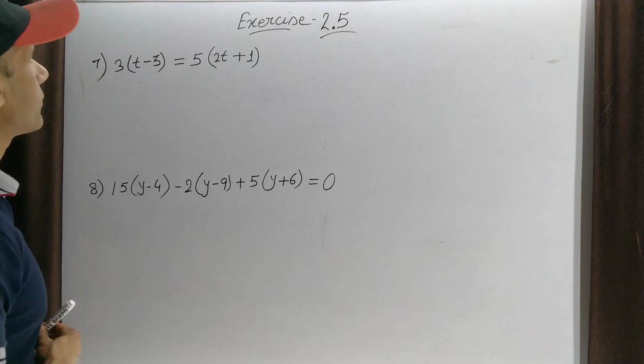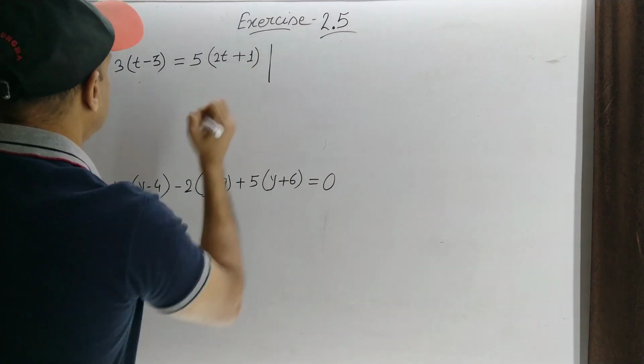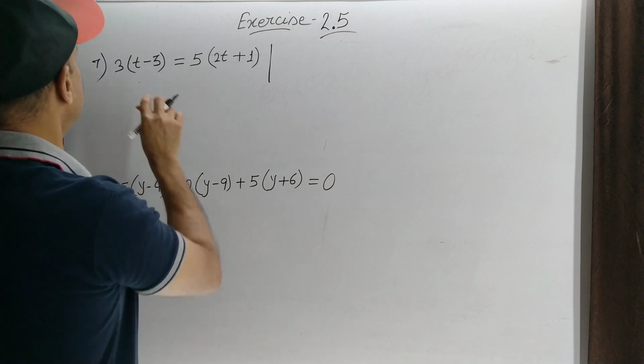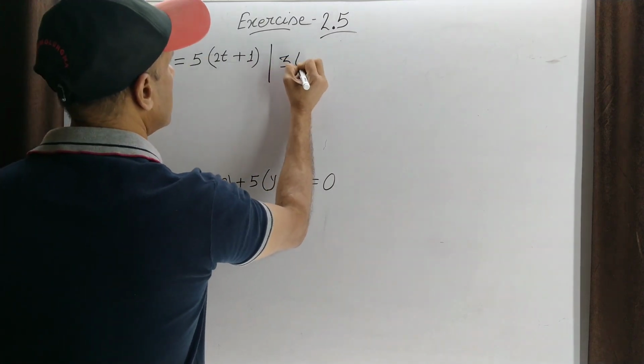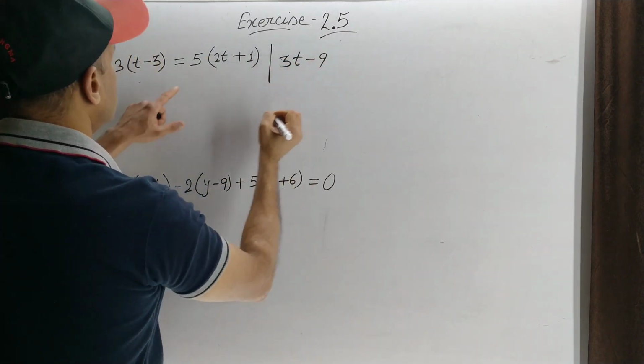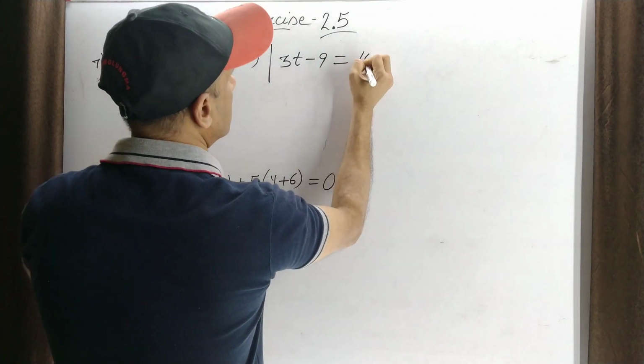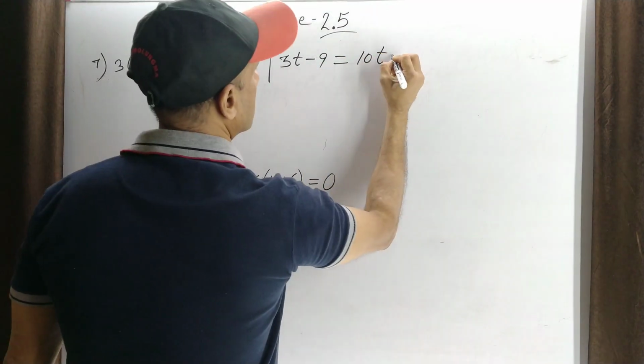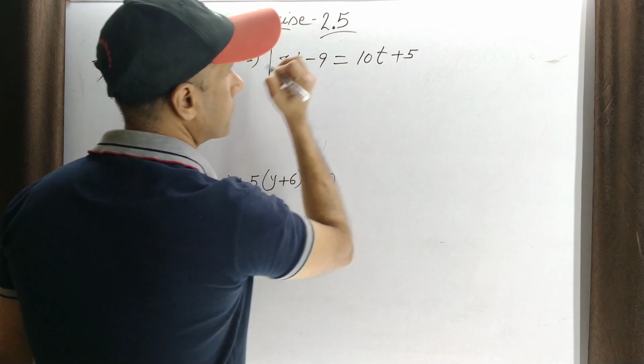So m is equal to 5 divided by 5. Moving on to question number 7. Let's open the bracket first. So this becomes 3t minus 9 is equal to 10t plus 5.